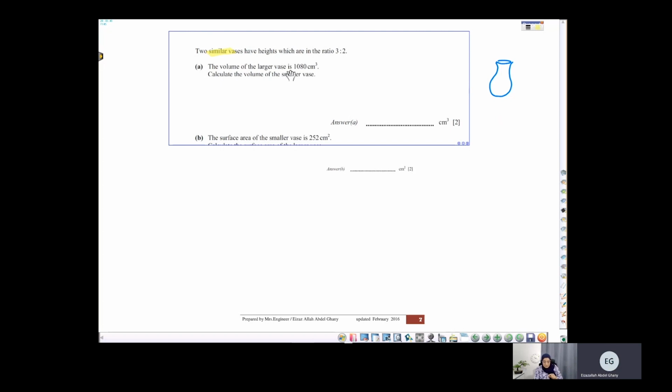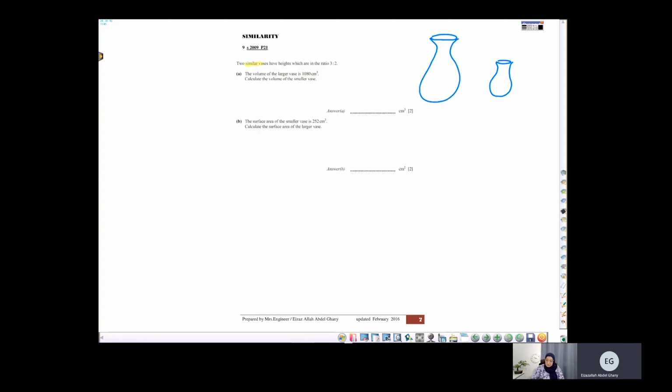The volume of the larger vase is 1080 centimeter cube. Calculate the volume of the smaller vase. First of all, in order to concentrate, this height is not 3 centimeters, it is 3x. And this height is not 2 centimeters, it is 2x. But the thing that I want you to understand is this is the scale factor, which is 3:2.